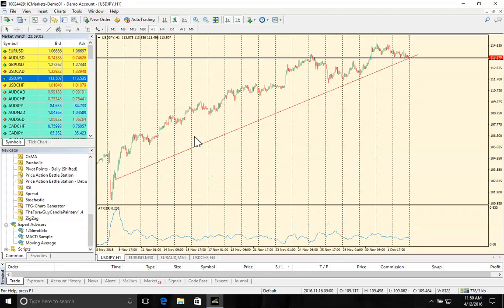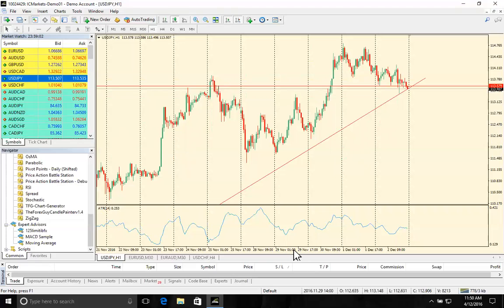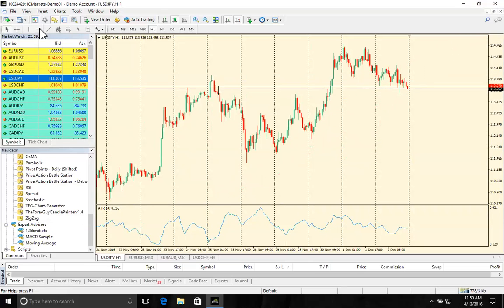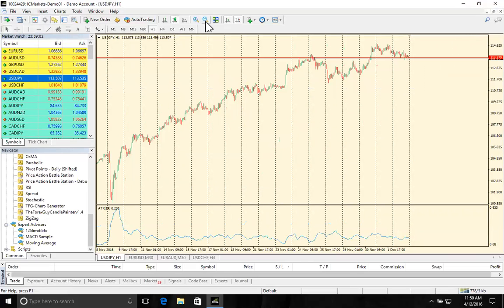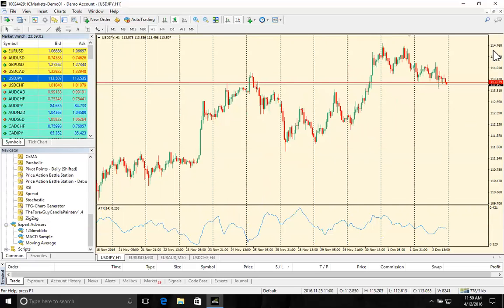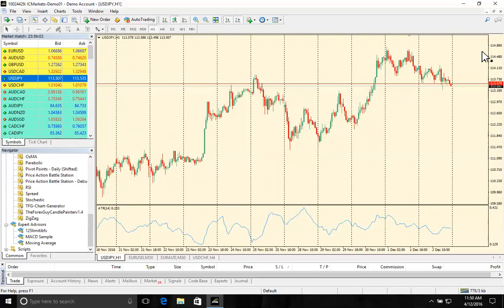Here you can see the market is bouncing back. Before I do, I'll make it a little bit smaller, it's too much. Okay, that's enough. So these are the market cycles. The way I define the market cycle is the following.